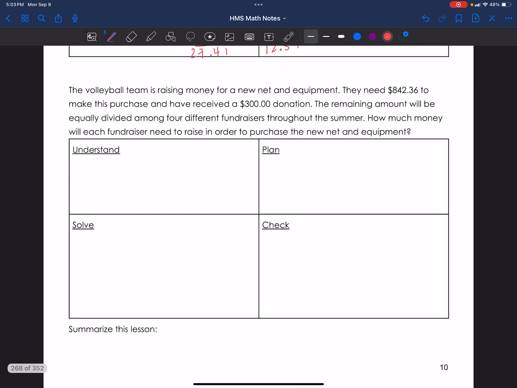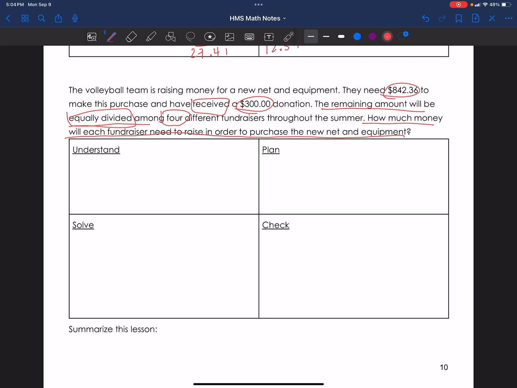Okay, next one. The volleyball team is raising money for a new net and equipment. They need $842.36 to make this purchase and have received $300 in donations. Wow, that's lovely. The remaining amount will be equally divided, that's important, among the 4 different fundraisers throughout the summer. So how much money will each fundraiser need to raise in order to purchase a new net and equipment?